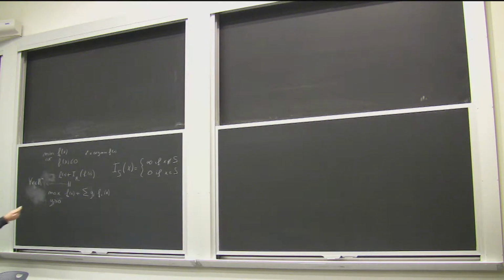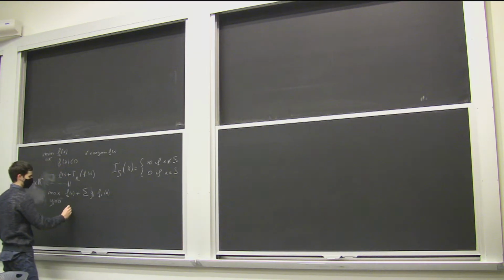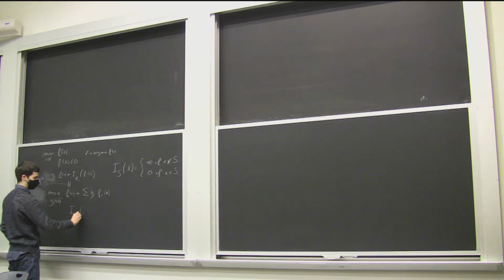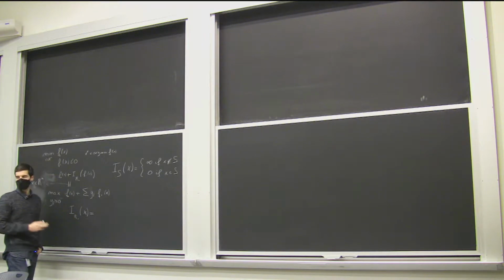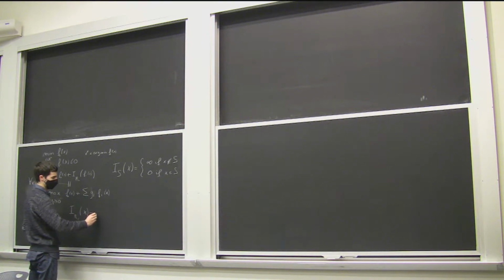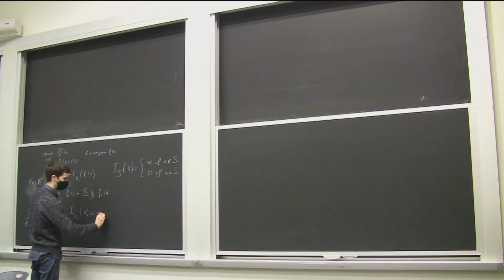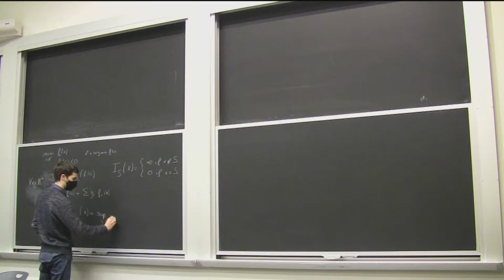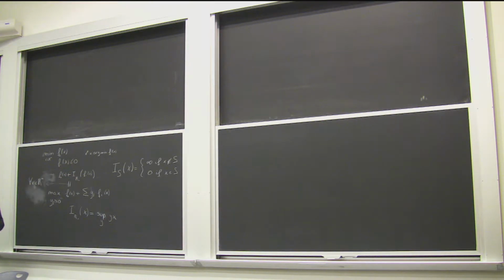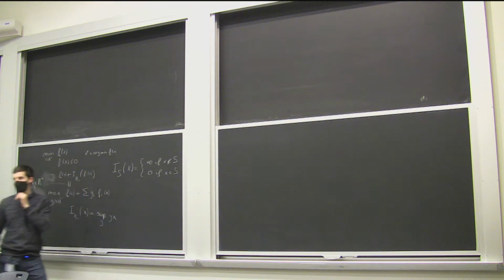So in fact, what you can see is that the indicator of R minus of a number x, where x is some scalar number, is always equal to, and here I will write supremum because it can be infinite. Suppose x is in R minus, so x is negative.